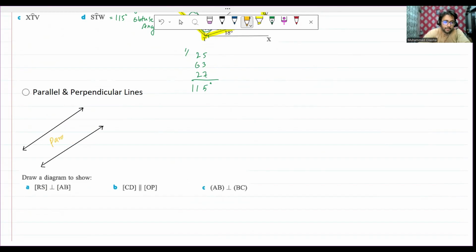Now, what about perpendicular lines? Perpendicular lines are those which meet each other at an angle of 90 degrees. These are intersecting lines, but they meet each other at an angle of 90 degrees, right? So for example, this is line PQ and this is line AB. How do we represent that these lines are parallel to each other?